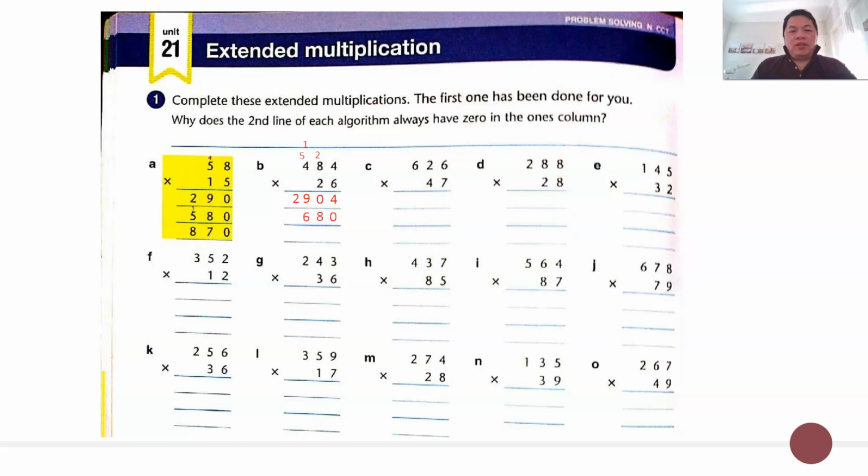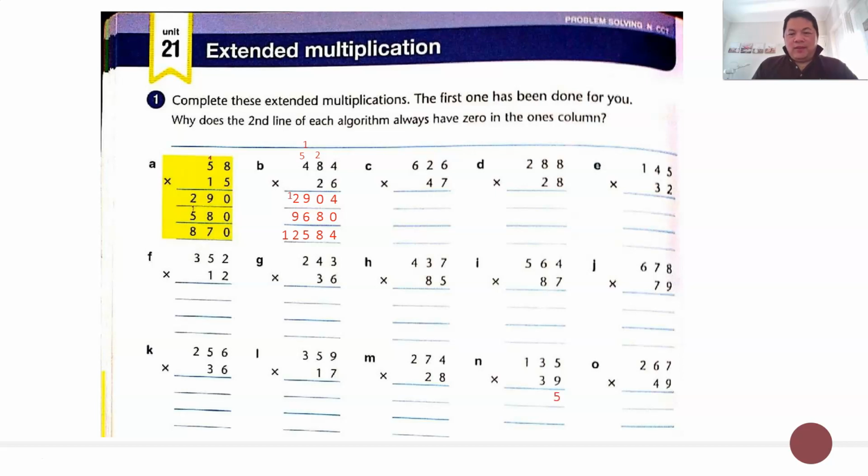Put a 1 up on the tens again. And then after that, 4 times 2 is 8. 8 plus 1 is 9. And then we add up the numbers. 4 and 0 is 4. 0 and 8 is 8. 9 and 6 is 15. Put a 1 up. And then 2 and 9 plus 1 is actually 12. So the answer is 12,584. Okay, let's do another one.